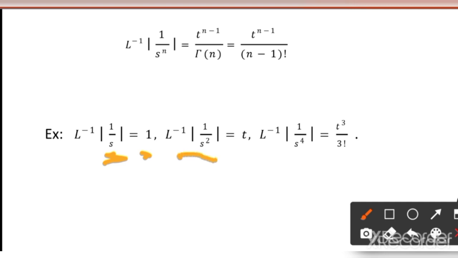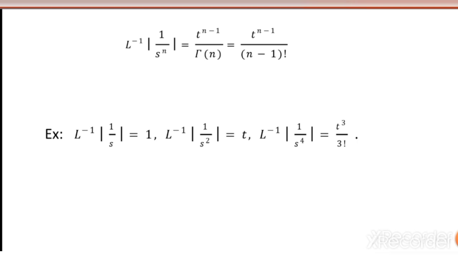Likewise L inverse of 1 over s square is t power 1 minus 1 by 1 factorial, and L inverse of 1 over s power 4 is t power 4 minus 1 by 3 factorial. So the first result is L inverse of 1 over s power n, that is t power n minus 1 by n minus 1 factorial.